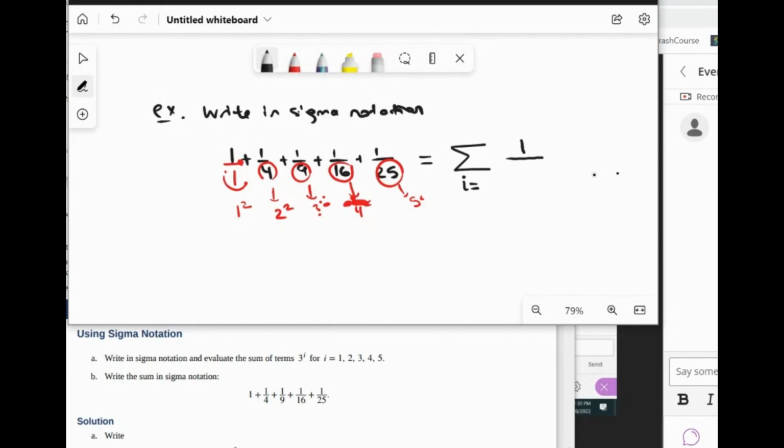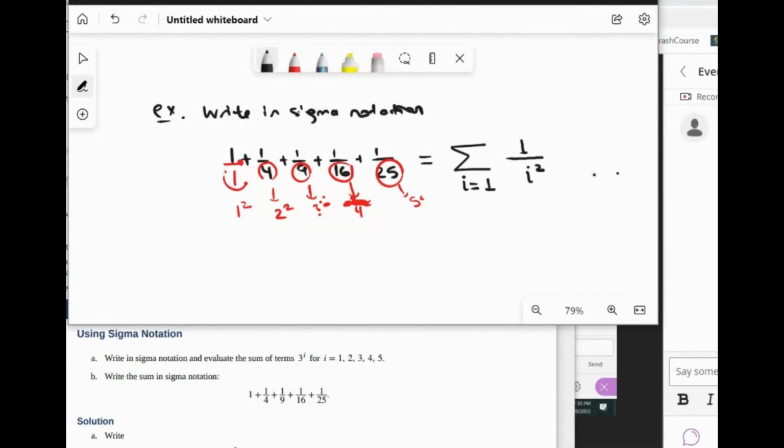What we are adding is expressions of this form: 1 over something squared. Here we are just adding 1 over something squared, and what is the smallest value we plug in? The summation starts from 1 over 1.